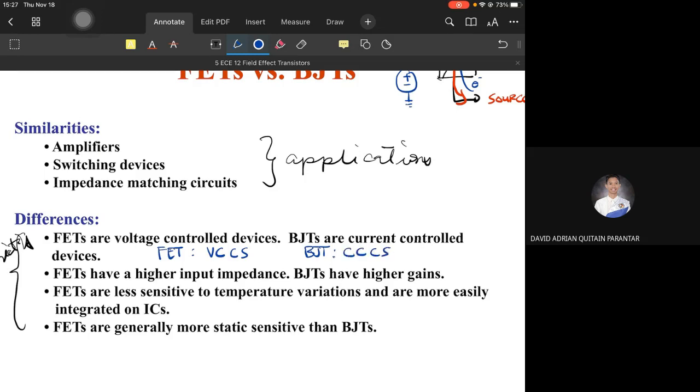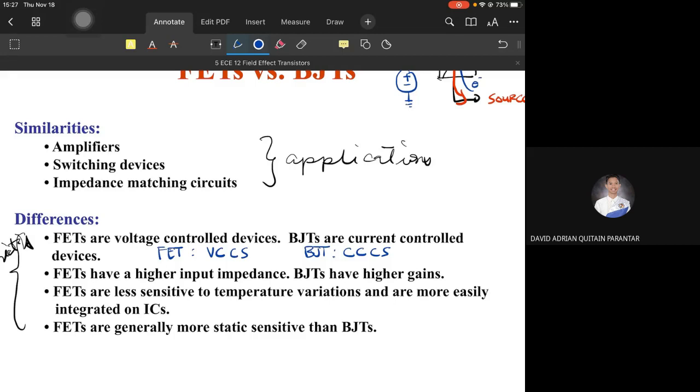The model of the BJT is a dependent current source, especially in the AC analysis we did. This is the model of our BJT: a current source, dependent upon IB and beta. Also, FETs have a higher input impedance, whereas the BJTs have higher gains.